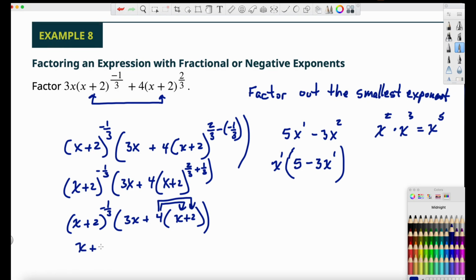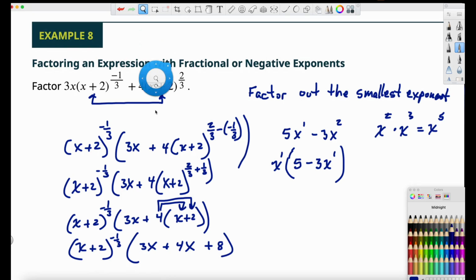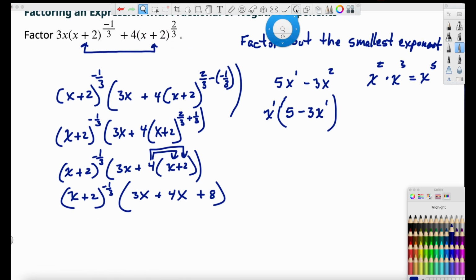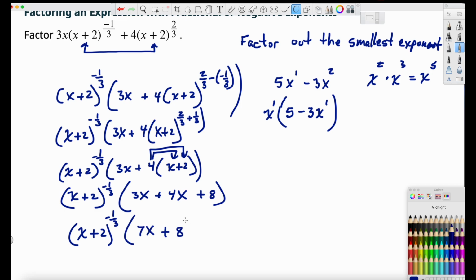And that would give me 4 times x is 4x. 4 times 2 is 8. And then I need more room. I have like terms: 7x plus 8. We're done.